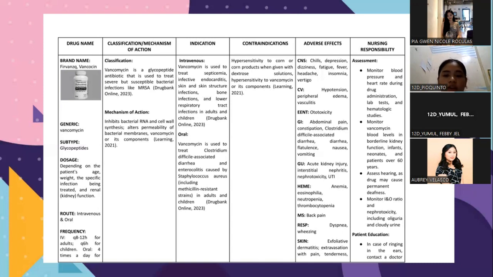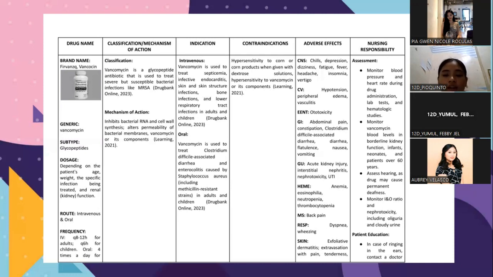In genitourinary: acute kidney injury, interstitial nephritis, nephrotoxicity, and UTI. In hematologic: anemia, eosinophilia, neutropenia, and thrombocytopenia. In musculoskeletal: back pain. In respiratory: dyspnea and wheezing.